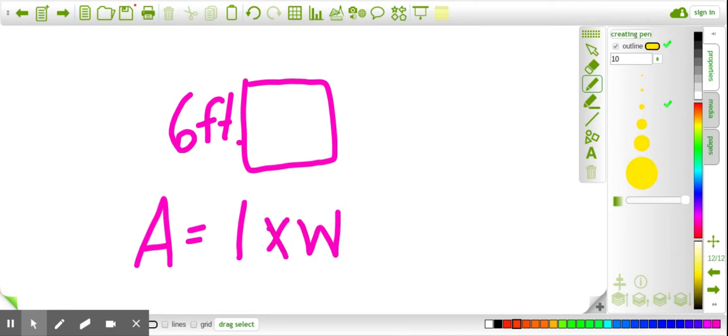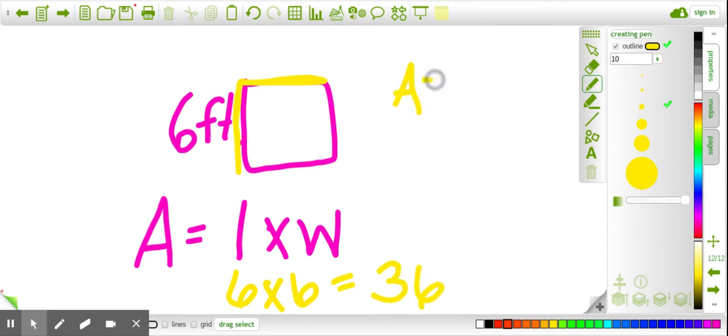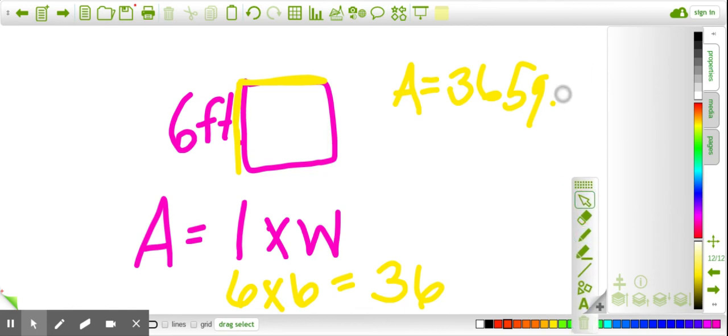So I can take 6 times 6 to find the area. And 6 times 6 is 36. So my area equals 36 square feet.